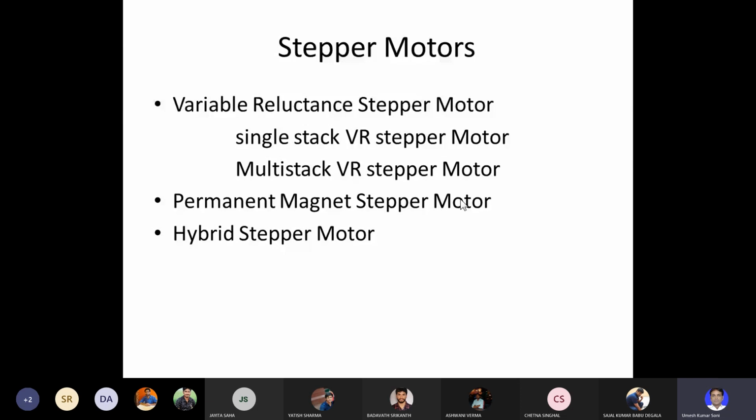There are also the stepper motors which provide one step in each logic change. So we have given the information in previous lecture about variable reluctance stepper motor, single and multi-step variable reluctance stepper motor, permanent magnetic stepper motors, and hybrid stepper motors.